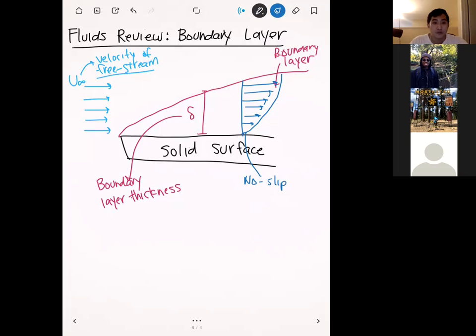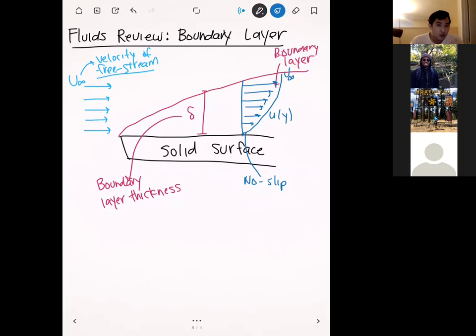Then as the fluid gets away from the surface, the fluid particles start to speed up, until they reach the edge of the boundary layer, where outside the boundary layer the fluid velocity is u infinity. So at the very top of the boundary layer, you can think of the fluid velocity as u infinity. At the surface we have zero velocity, and at the top of the boundary layer we have u infinity.